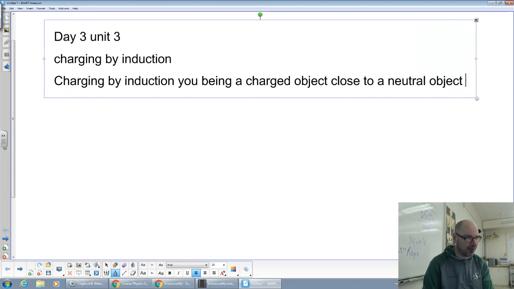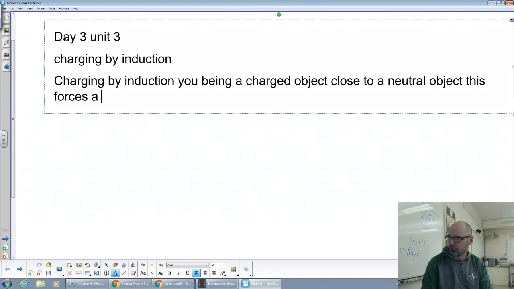This forces separation of charge on the neutral object, or if you like, a split of charges on the neutral object.